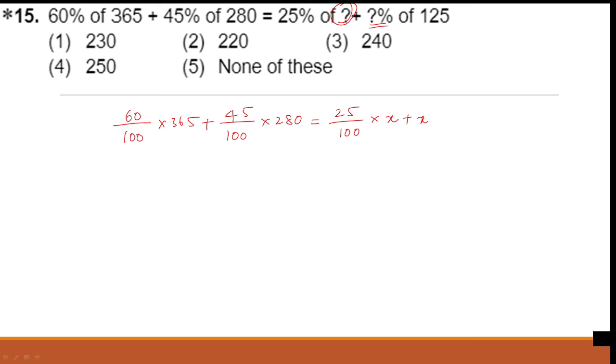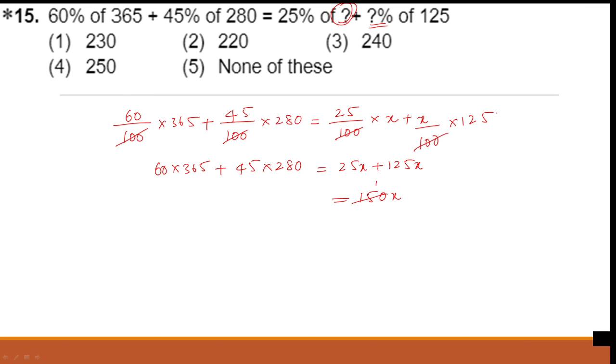So x percentage means x by 100 of 125. Okay, now I am going to cancel all the hundreds denominators, and the remaining is 60 into 365 plus 45 into 280, that is equal to 25x plus 125x, means this is actually 150x, right?